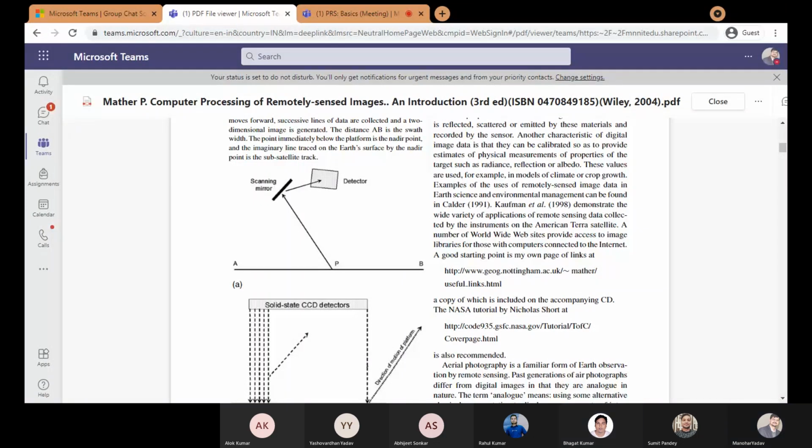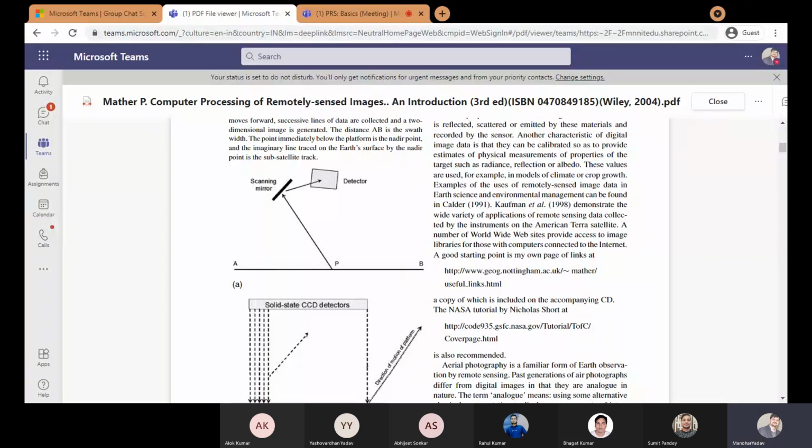We select certain discrete wavelength ranges, like a red band, which is 0.7 to 0.78 micrometer. Then in the near infrared we select one discrete band, and similarly one in the mid infrared band. These bands are used to design the detectors.